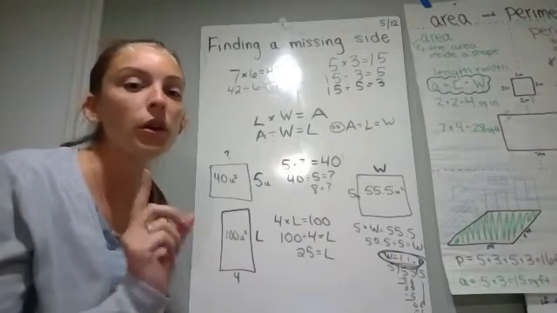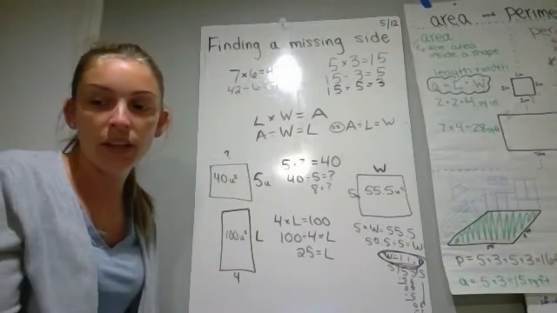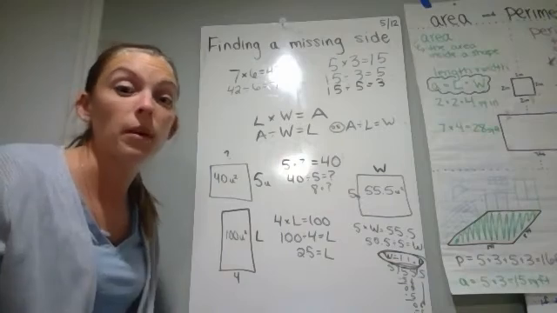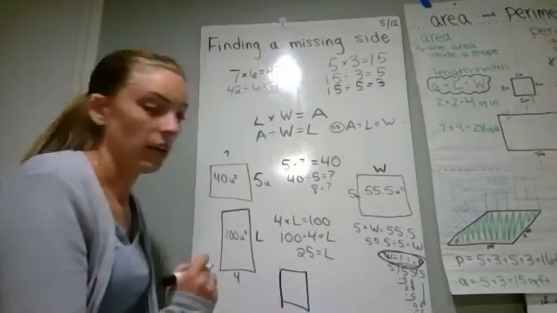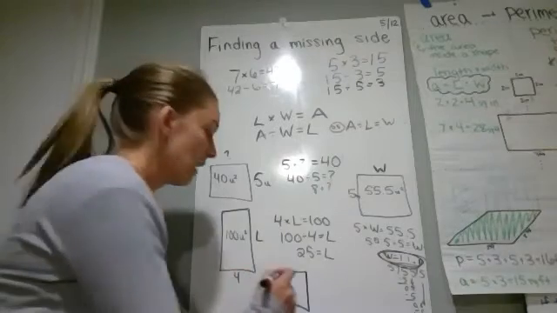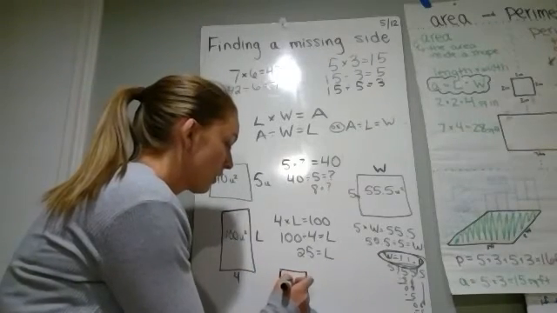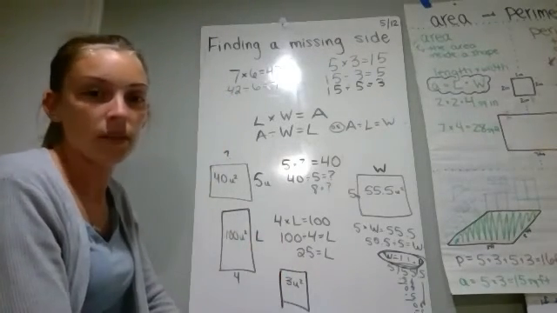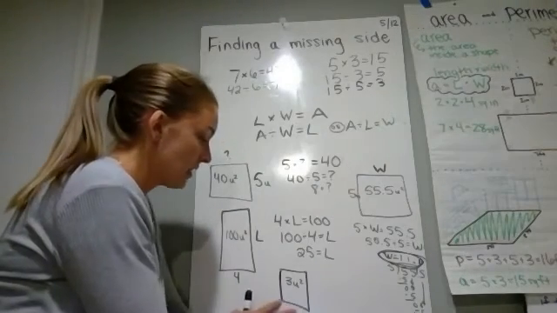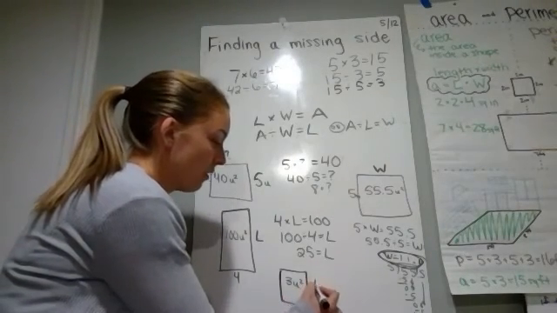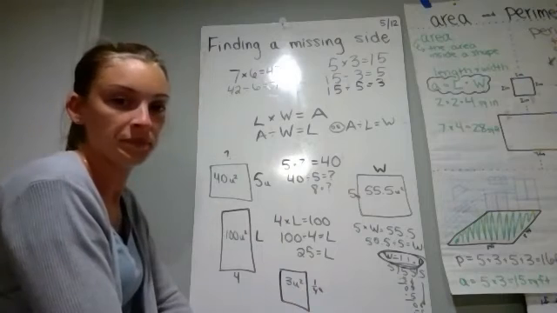We're going to do one more for practice before I let you on your own, and this is going to have to deal with some fractions. Here is a shape that I'd like you to draw, and the area is 3 squared units. The side that I know is 1/4 of a unit.